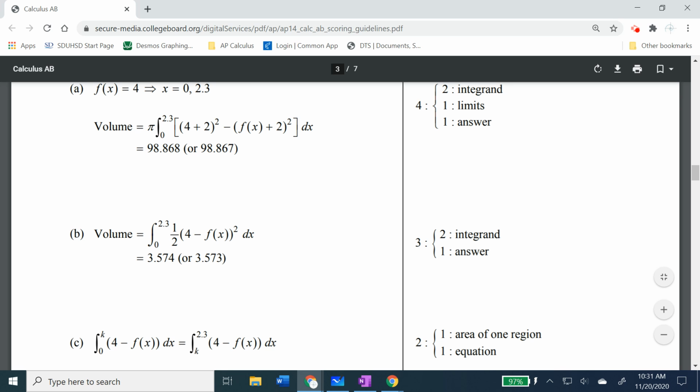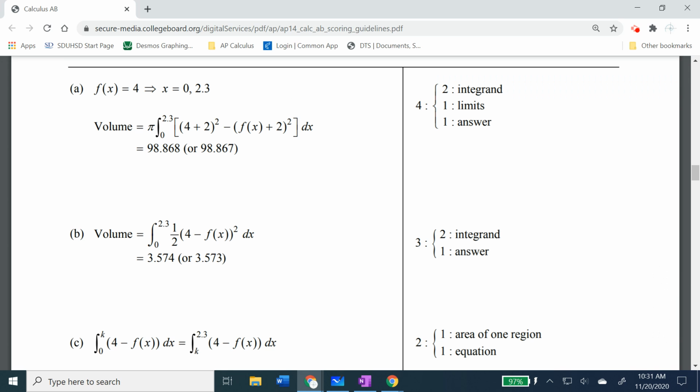And as long as your integrand setup was correct, whatever limits you used in Part A were considered the correct limits in Part B. Also, the reason why they have two possible answers is because you are allowed to truncate, which is what the parentheses is, where you just cut it off and don't bother whether you round up or not, and then the rounding up of the third digit. So that's those two parts.